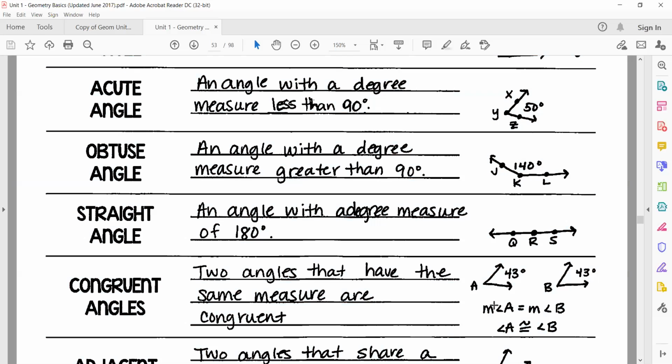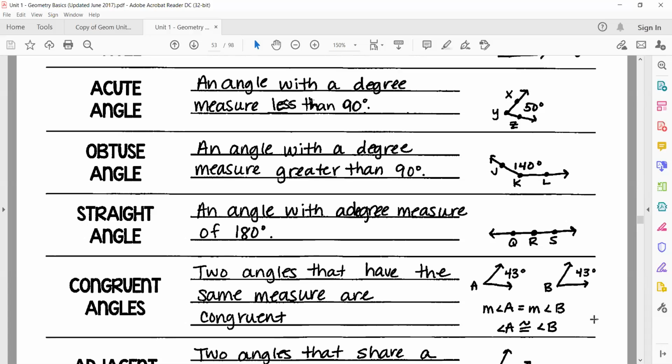That little m here stands for the measure of. So if the measure of angle A equals the measure of angle B, then angle A is congruent to angle B. This is one of these sort of logic statements.